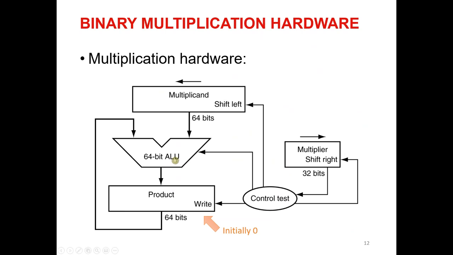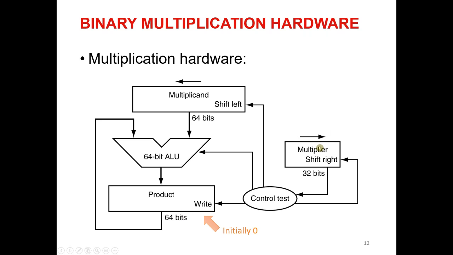Remember that this kind of unit can, for instance, do addition. So we will have this first operand, and the second operand will be the product register, which initially is initialized to 0. And here we have the multiplier.